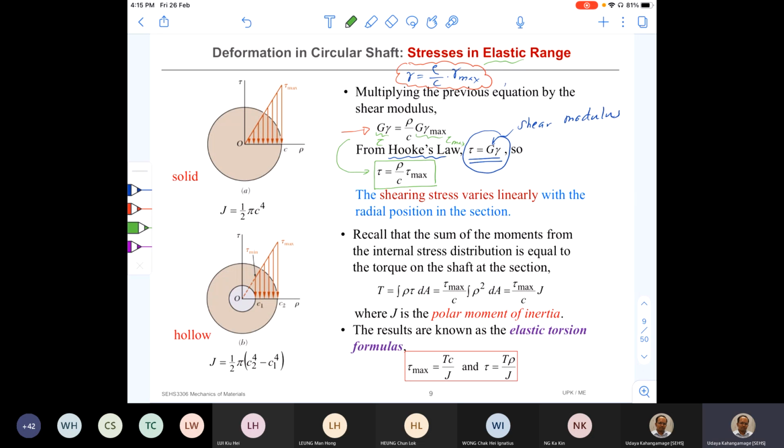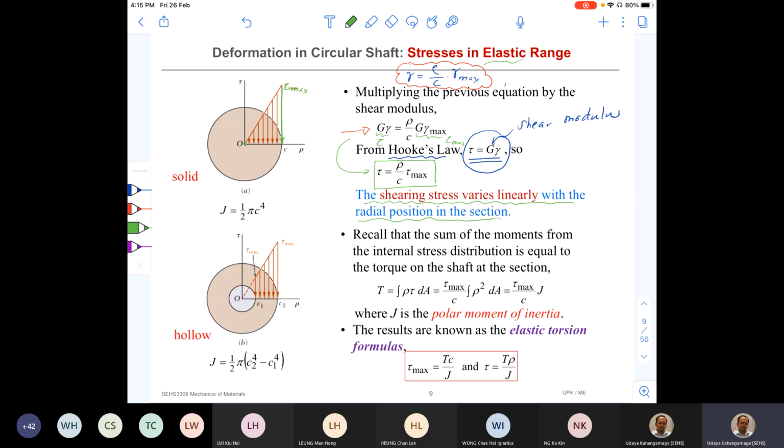So that is what it says here: the shearing stress varies linearly with radial position in the section. So at the center of the circular cross section, shear stress is 0, and at the outer surface here, shear stress is maximum, tau max.